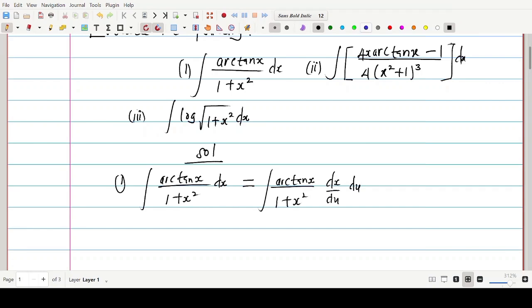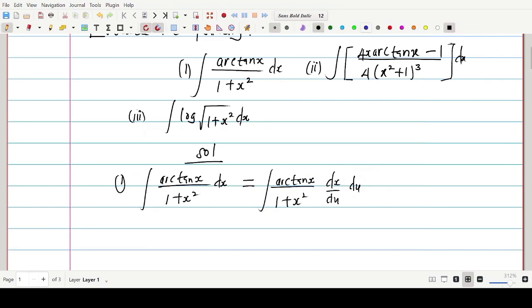Hence, you see me calling it dx by du, not dx over du. These are different concepts. Don't confuse a derivative with a fraction. So it is true that this expression can be written as this. If you want a proof, I will provide a video for this particular point.